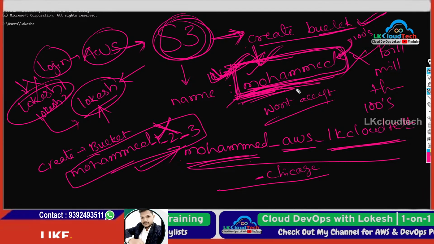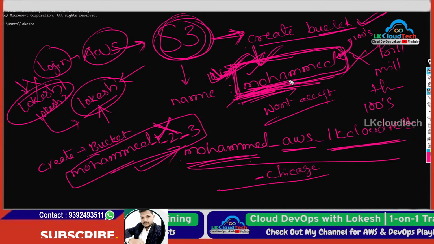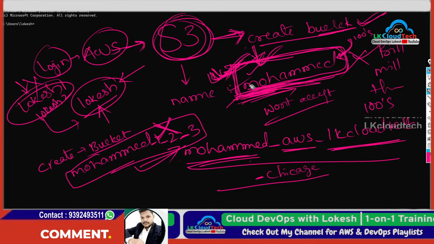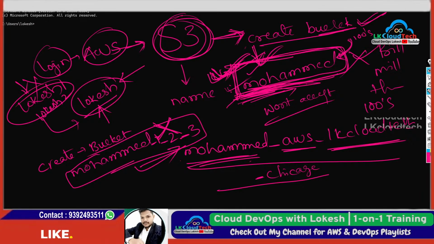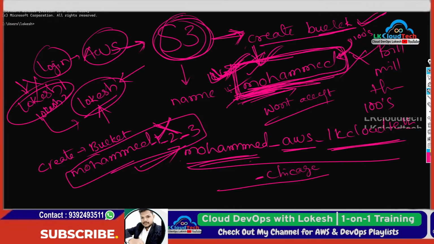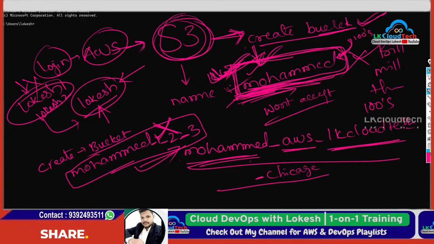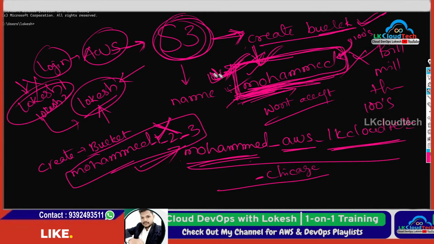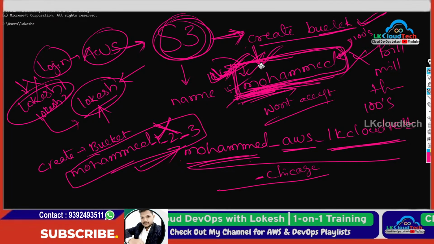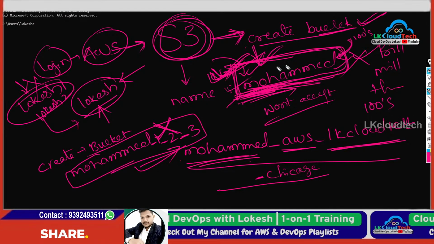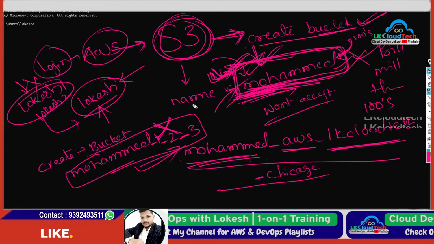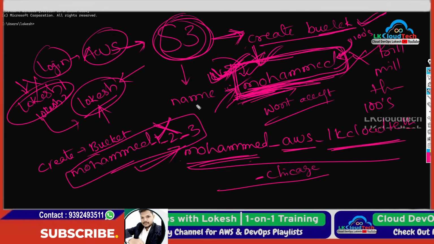Because somebody may already have created a bucket with the name Muhammad. You are not the only Muhammad across the globe, right? Hundreds of Muhammads are there. So if any Muhammad has already created a bucket with this name, again for you it won't take this name. I'm saying that, clear?